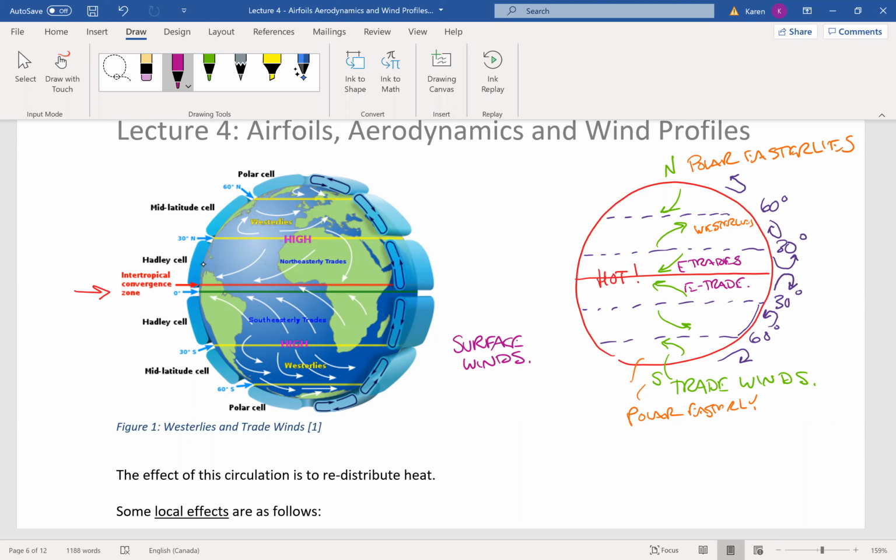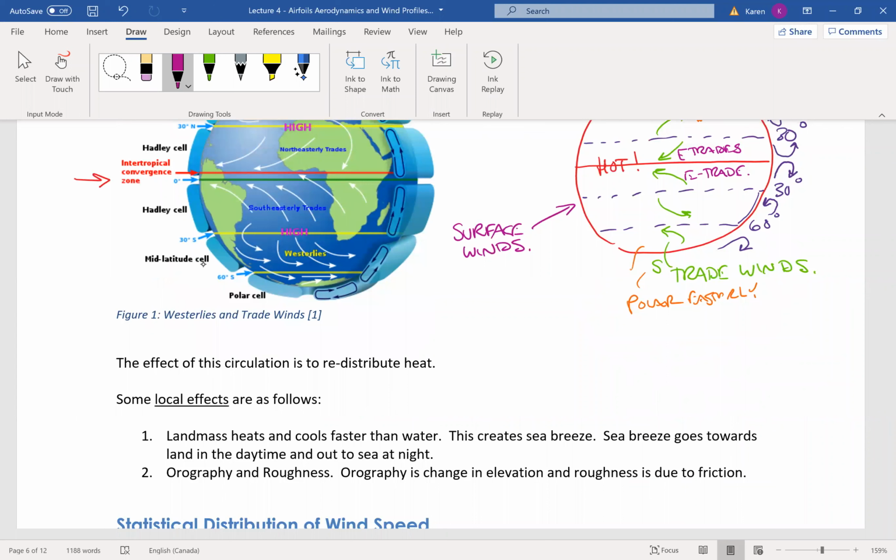So that's what you see there. Then you have some other, those are actually all surface winds. You also have some local effects. So these surface winds are due to heat. But then you have some local wind effects, which are worth talking about.